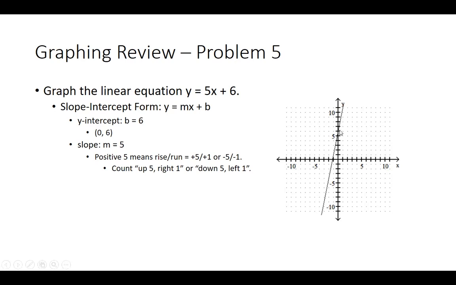So from our y-intercept, we count up 5, right 1. That would be this point up here. Or from our y-intercept, we count down 5, left 1, which would be this point right here. Either way, we have 2 points now, and we can draw the line through them. That's it.